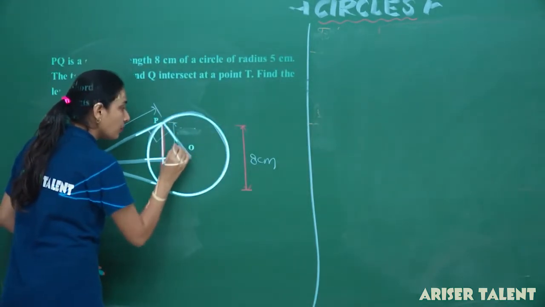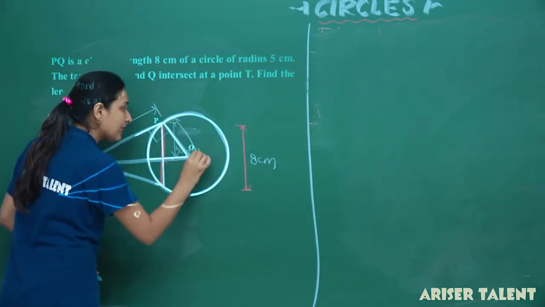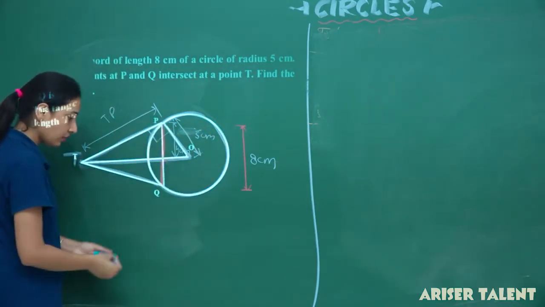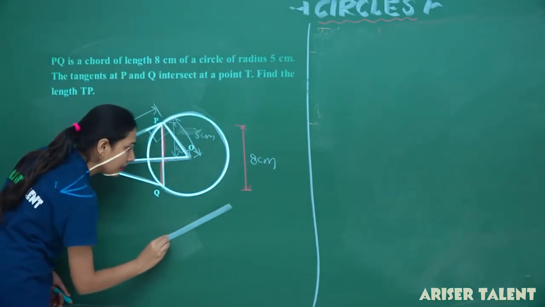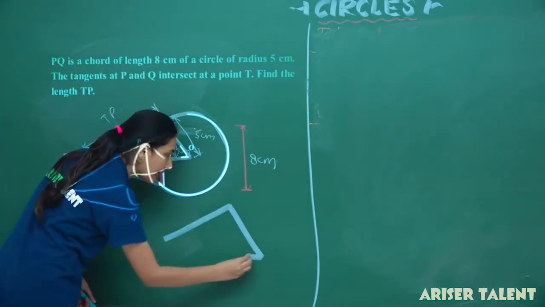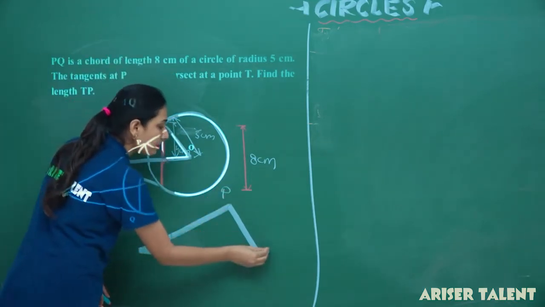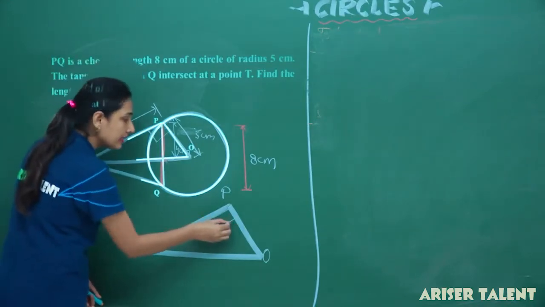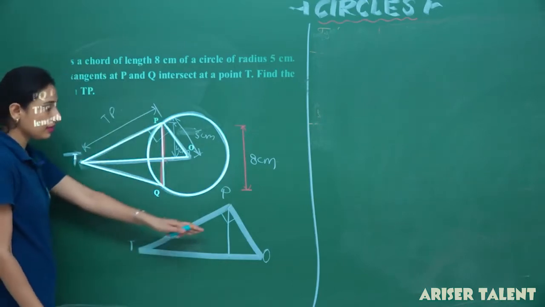It will be 4 centimeters and it will be 5 centimeters. So if I take this out from this construction, I will have this kind of triangle P, O and T. This is 90 degrees.